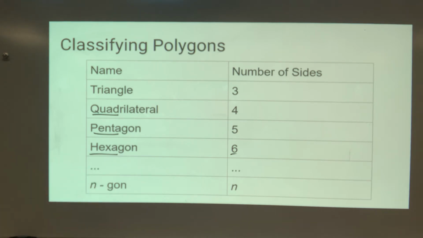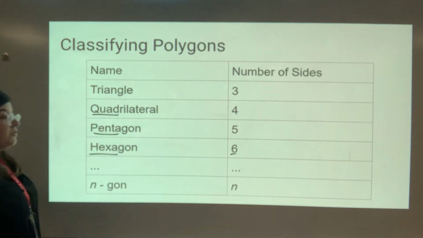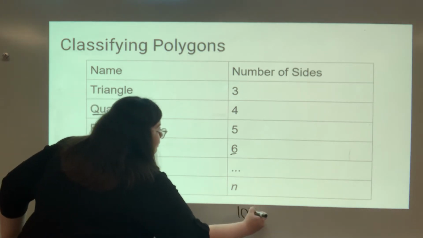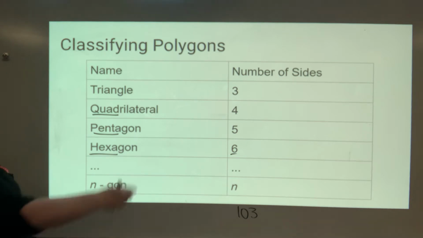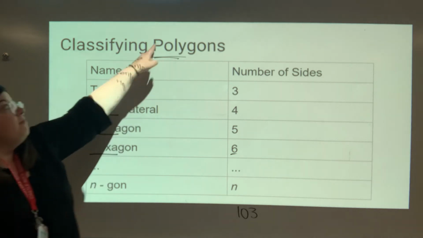But if you had something with 36 sides, okay, so again, n is a variable, so it could be any number of sides. Let's just say 103 sides. That's too crazy to find a name for it. We're just going to call it 103-gon or a 42-gon, all right? Again, polygon, poly meaning many, so a many-sided figure.